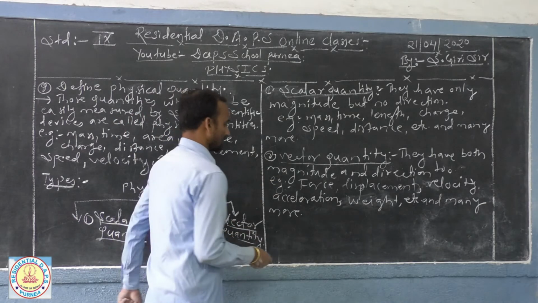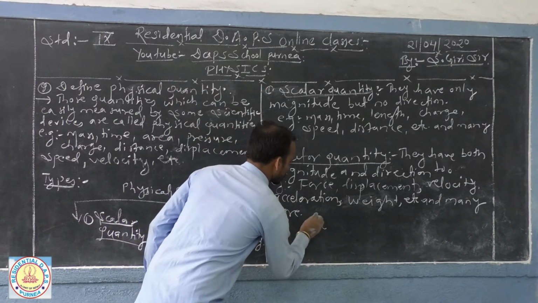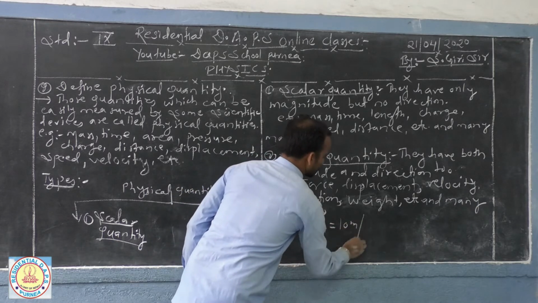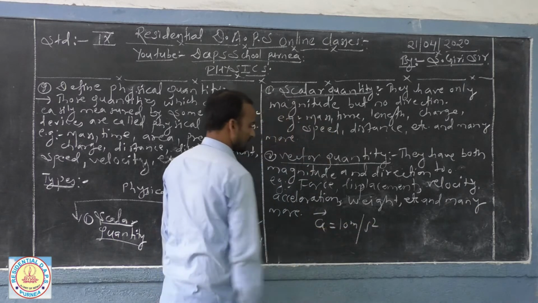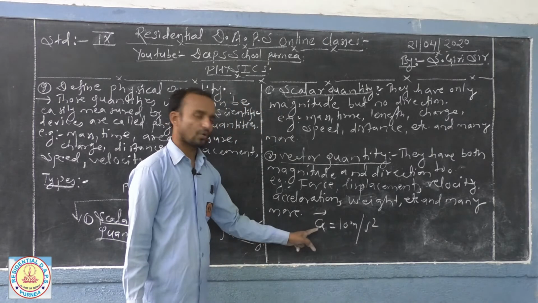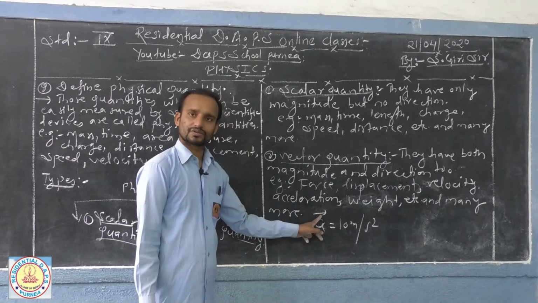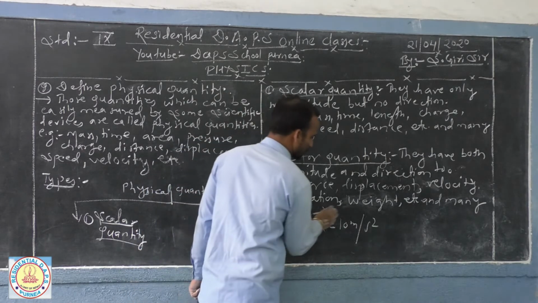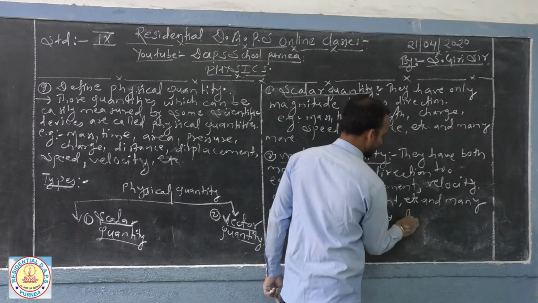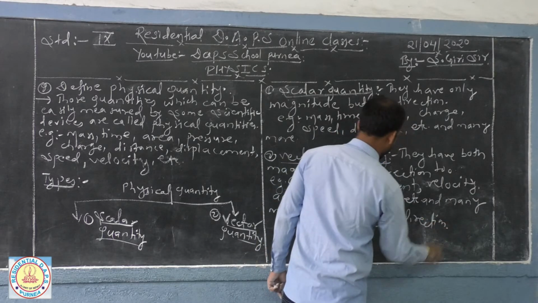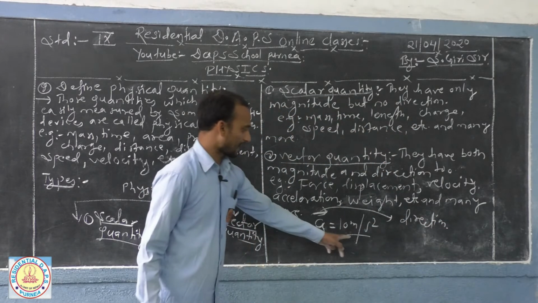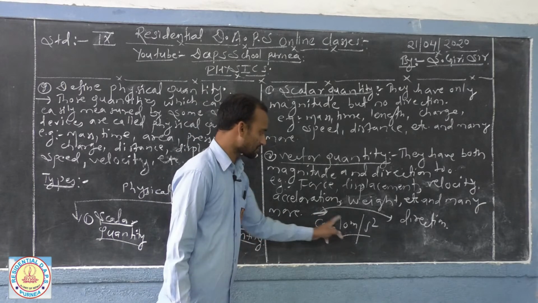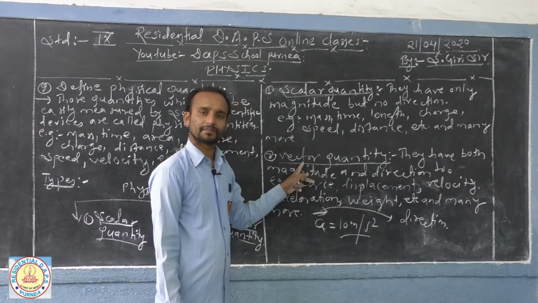You might have seen some quantities written with an arrowhead just above them. What does this arrow mean? It exactly represents the direction. The value is the magnitude and the arrow is the direction. You have to mention both magnitude and direction for a vector quantity.